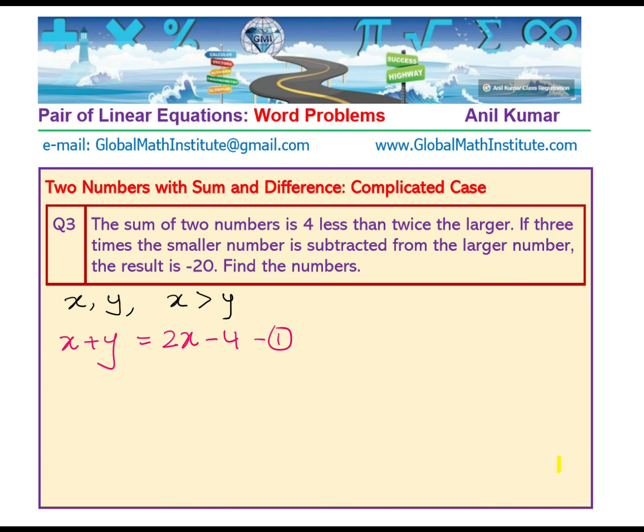So that is how from the first sentence we get our first equation. Second sentence: if 3 times the smaller number is subtracted from the larger number, so the larger number is x minus 3 times the smaller number. If 3 times the smaller number, which is y, is subtracted from the larger number x, the result is minus 20.